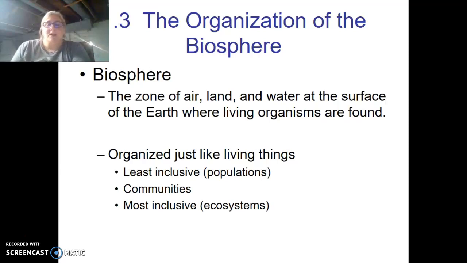And we talked about organization of the organism. The biosphere is organized very similarly. All living things are organized, while the environment that we live in is also organized. We all live in an ecosystem.